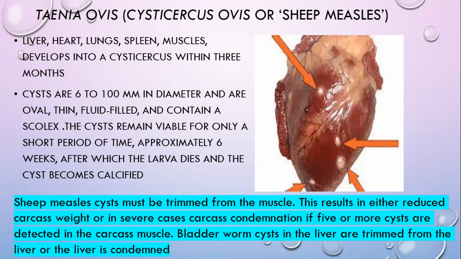If it comes up in the abattoir, then the cyst must be trimmed from the muscles, because they are present in muscles. But if we find more than 5 cysts, then the carcass has to be condemned. The muscle has to be condemned.